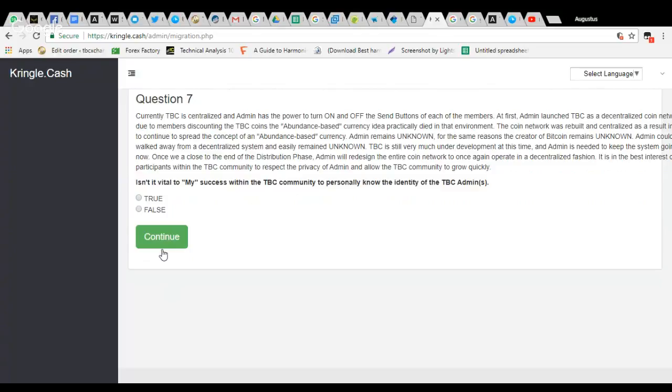admin launched TBC as a decentralized coin network, but members were discounting the TBC coin. The abundance-based currency idea practically died in that environment. The coin network was rebuilt and centralized as a result, to continue to spread the concept of an abundance-based currency.